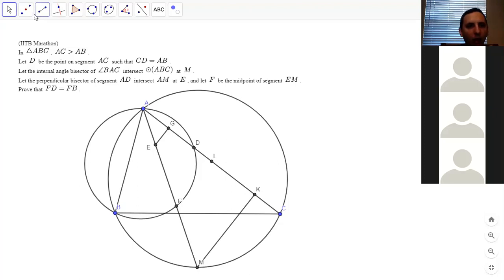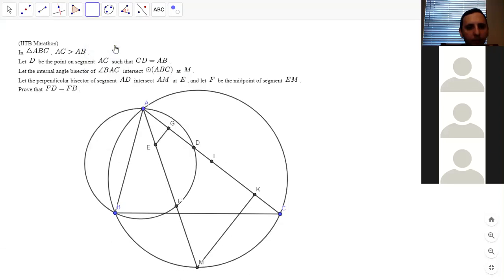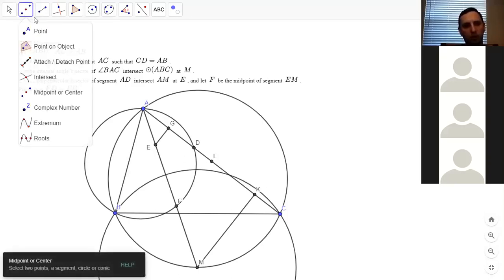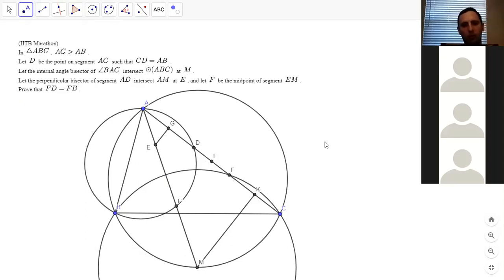Can you draw the circle with center M, which passes through B and C? Yes. And can you label the intersection of AC and its circle? Yes. Now we want to prove that FC equals AD.